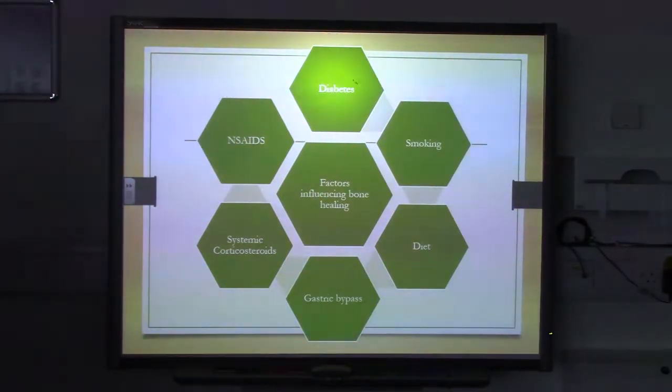Diet: if there are nutritional deficiencies or a lack of calcium or vitamin D, this is going to have an impact on healing. Diet and gastric bypass are quite similar in terms of the deficiencies. A gastric bypass may have an impact on calcium absorption as well as vitamin D absorption.